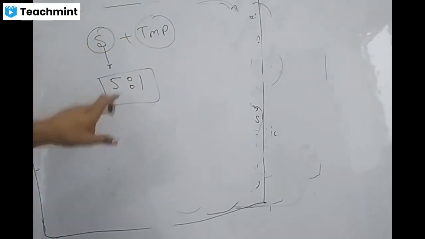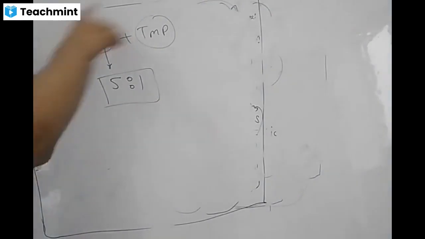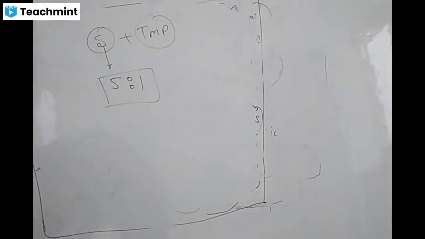These drugs are combined in a ratio of 5 is to 1, sulfonamide with trimethoprim, and the combination is known as potentiated sulfonamide. Because of the combination, they become bactericidal. Normally, sulfonamides are bacteriostatic drugs, but they become bactericidal.